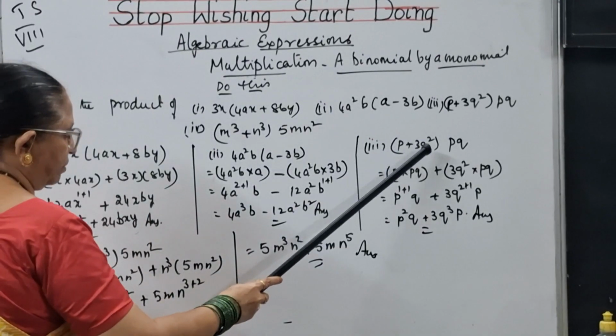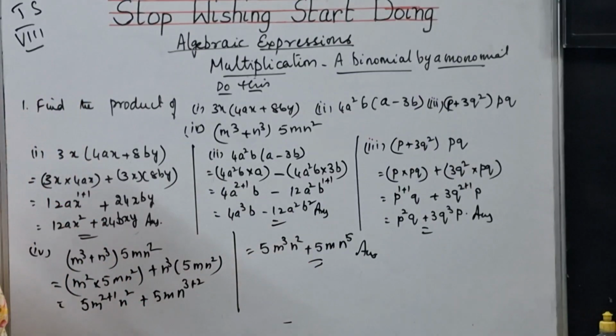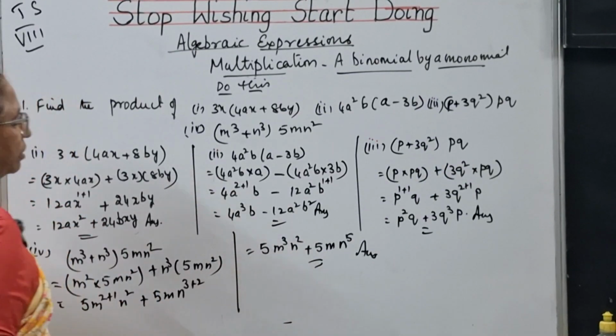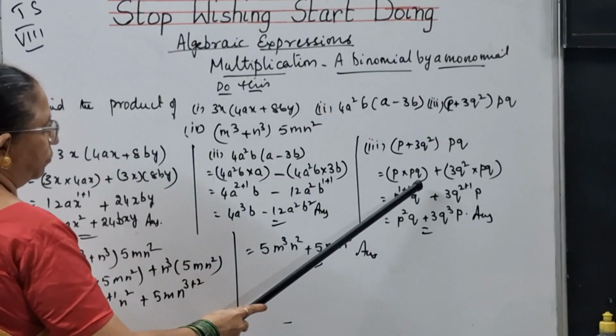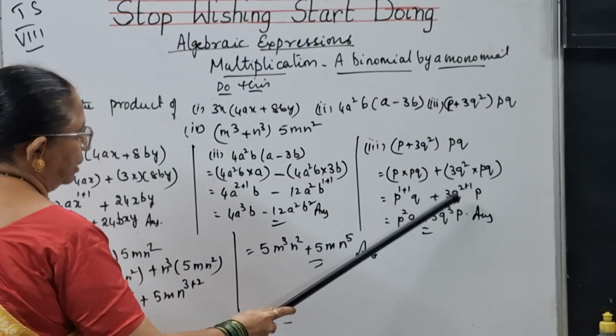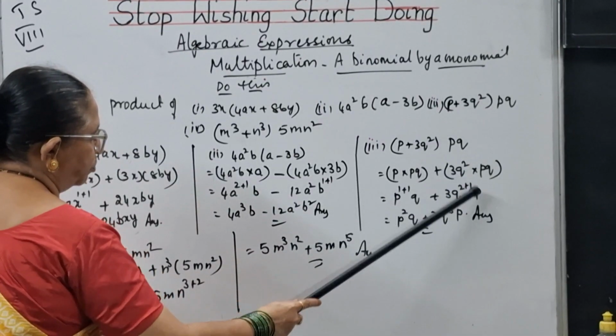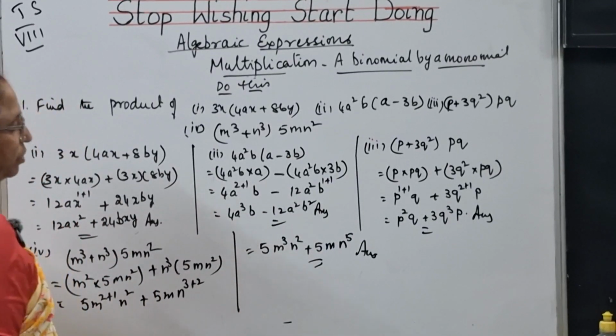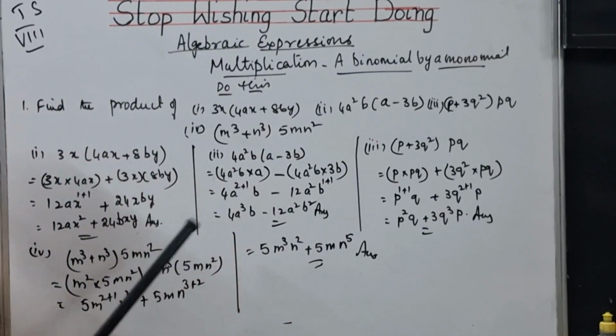Similarly, p plus 3q square into pq, that is p into pq plus 3q square into pq. P to the power of 1 plus 1 into q plus 3 into q to the power of 2 plus 1 into p. P square q plus 3q cube p.